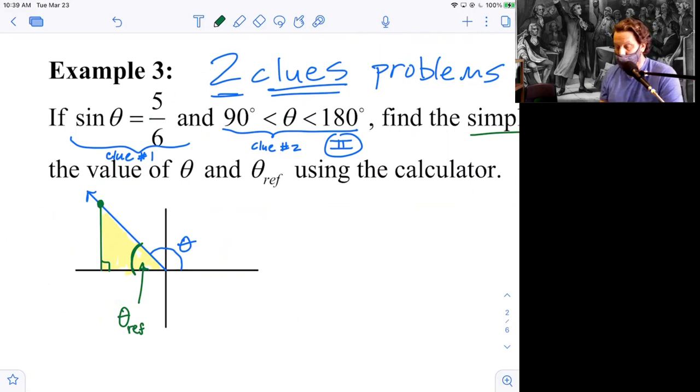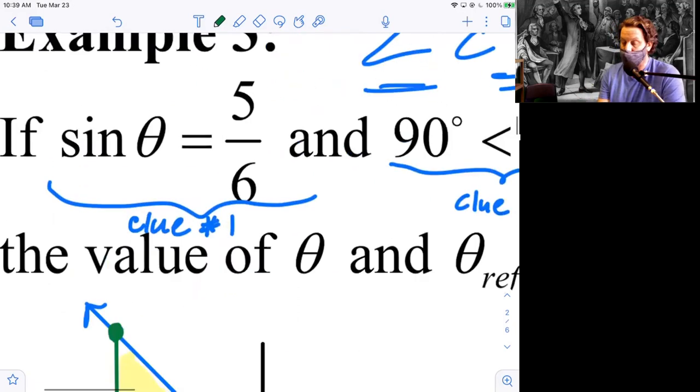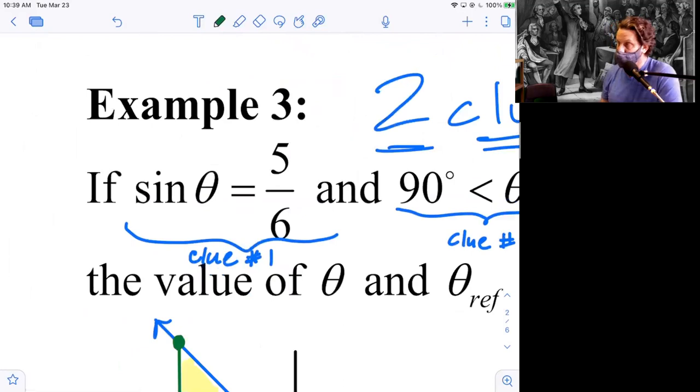Okay, so here's how we're going to use the second clue. They're telling me the sine ratio of that angle theta that puts me in quadrant 2 independently. They tell me that the dependent variable, the ratio itself, is 5/6. Now remember, 5/6 being a ratio represents what in the triangle? It represents 2 of the sides. Good.